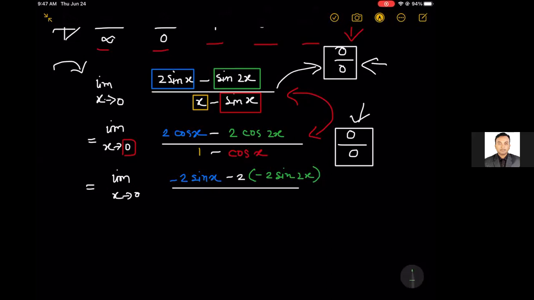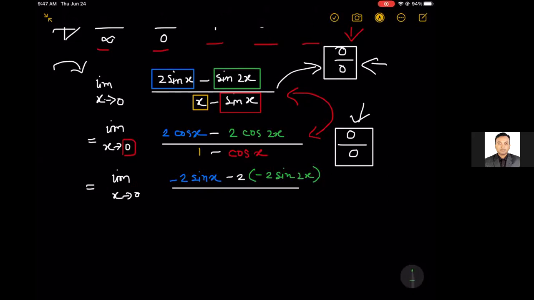So for cosine 2x, the derivative using the chain rule is negative 2 sine 2x. Any question from the derivative part again? Because if you do the derivative part wrong, then you will not reach the result you're looking for, right? So it's really important to have the basics right.